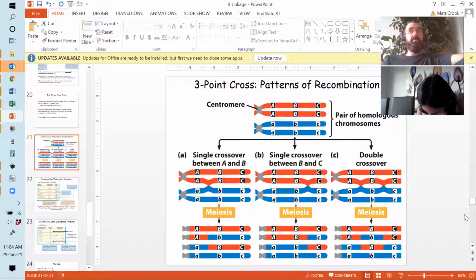So probability of independent events is multiplied, so it's even smaller. So those are the rarest ones. And the only way you can get B moving in this one here in a double recombinant is if it is in the middle.